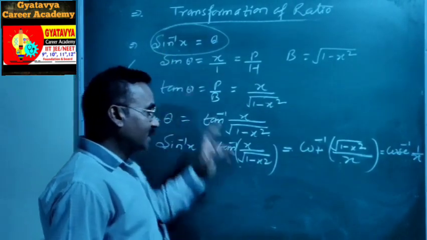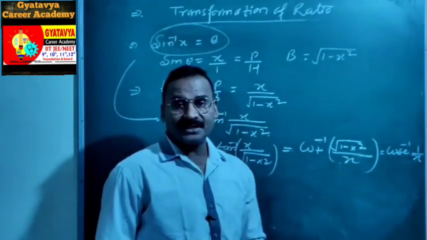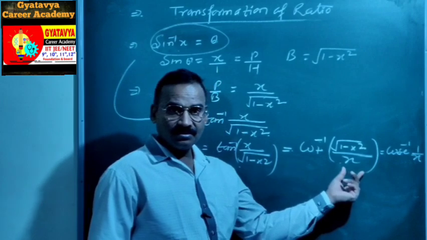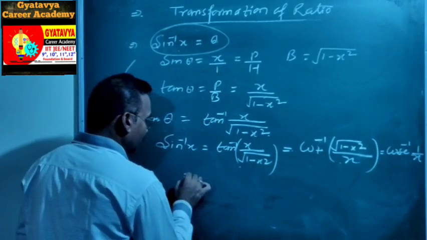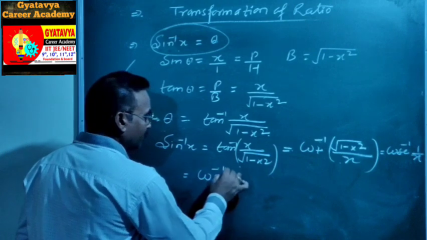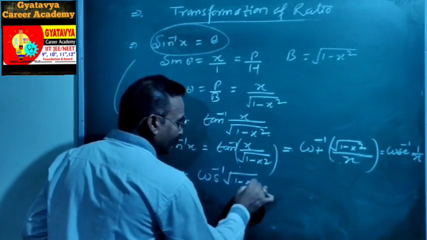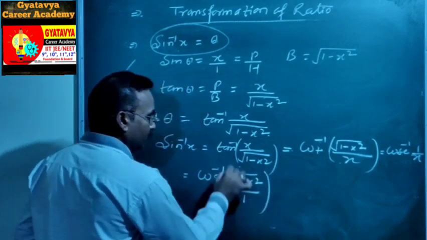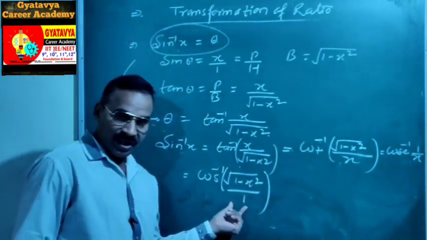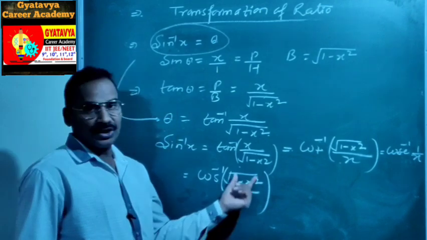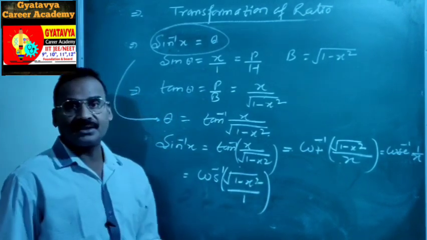Sine inverse x is equal to cot inverse root of 1 minus x square divided by x. And what is cos inverse x? This will be equal to cos inverse root of 1 minus x square by 1. This is the base, this is the hypotenuse, so base upon hypotenuse gives cos inverse.